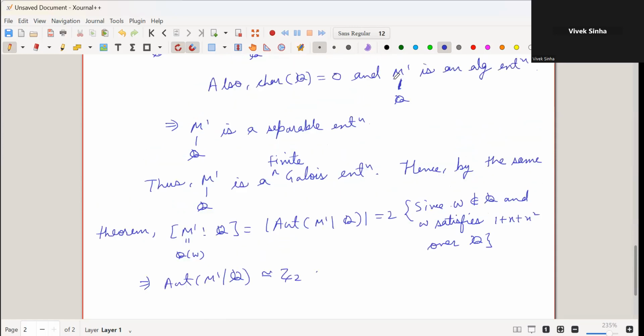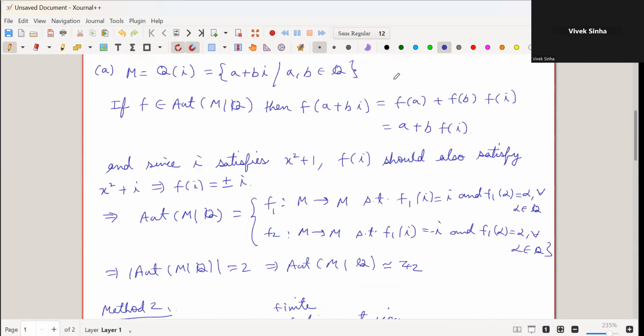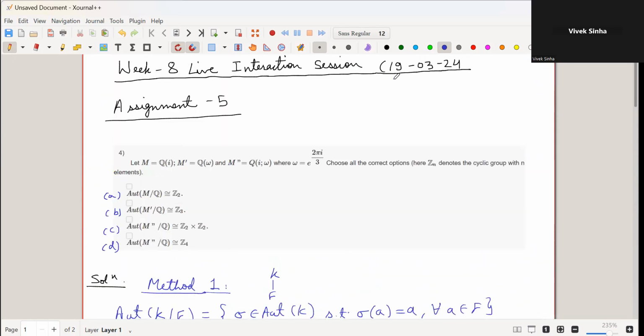So option B is not correct because it says it is isomorphic to Z3.